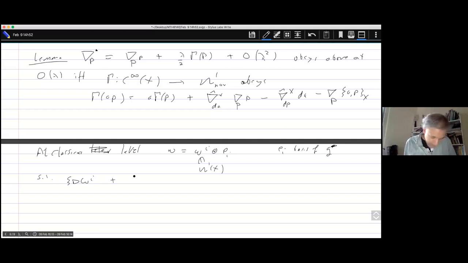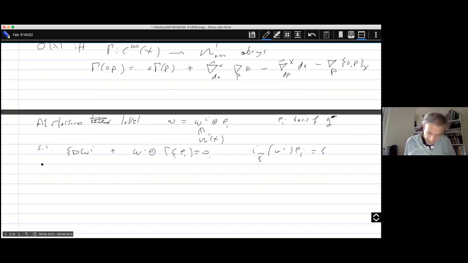This is the equivariance, and this is the condition we need for a connection on a principal bundle, written out explicitly.